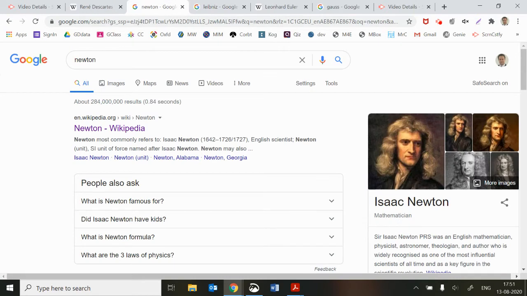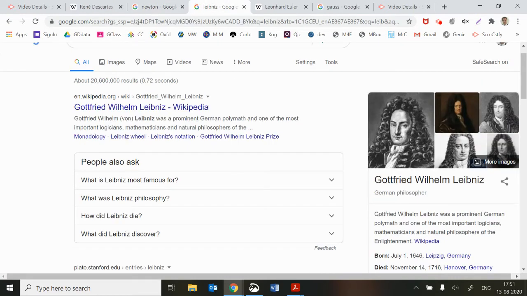We've got Descartes, followed by Newton, born in 1642, and Leibniz really just afterwards. Of course, there was quite a bit of competition between Newton and Leibniz for the development of differentiation.